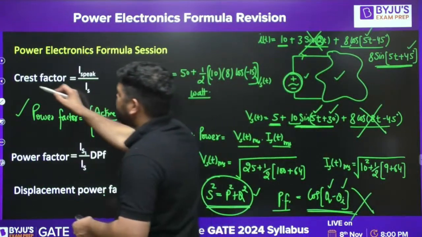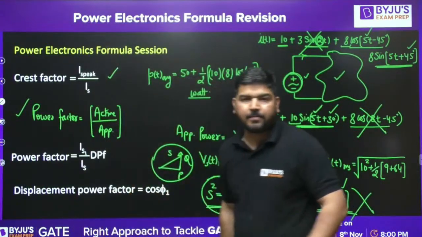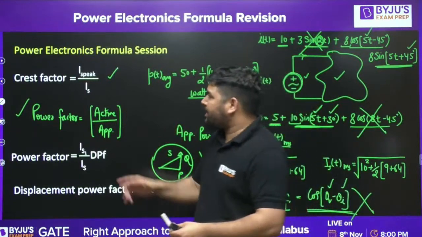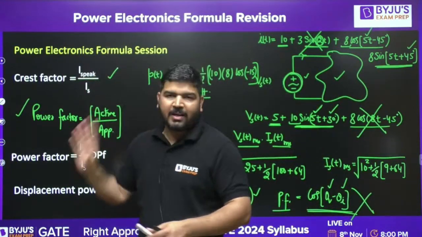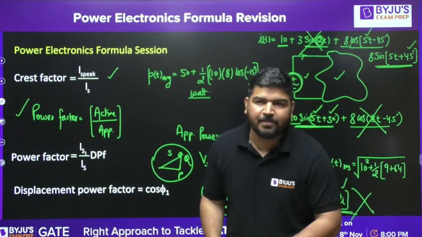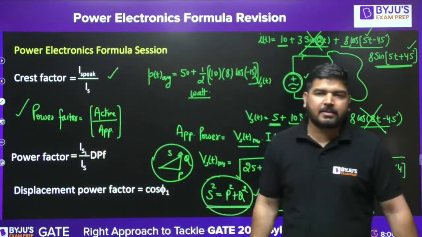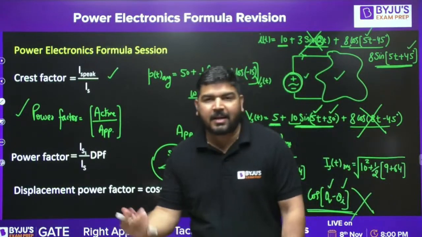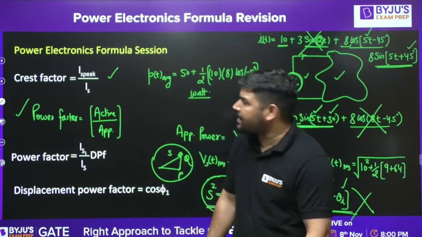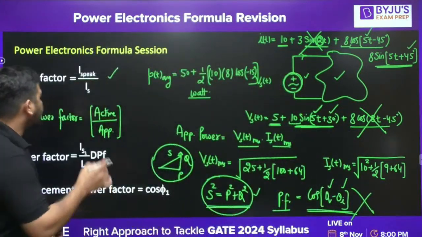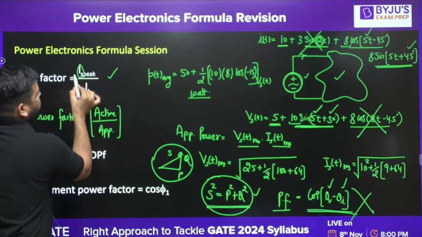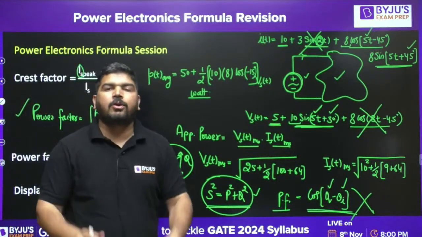Let's now discuss the crest factor. What is this crest factor? I don't remember. Usually I forget this formula, and I don't require this formula either. But let's say you are appearing in some state exam, then they can ask about the crest factor. Crest factor is IS peak. IS peak means the peak value of the current.